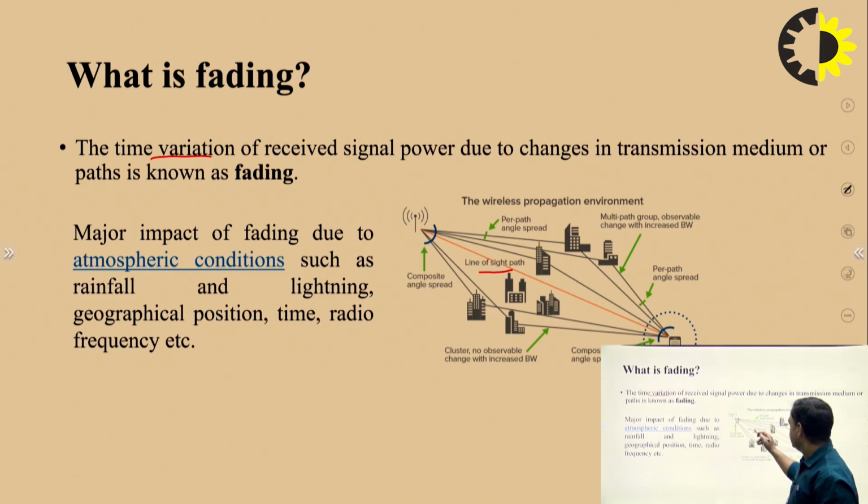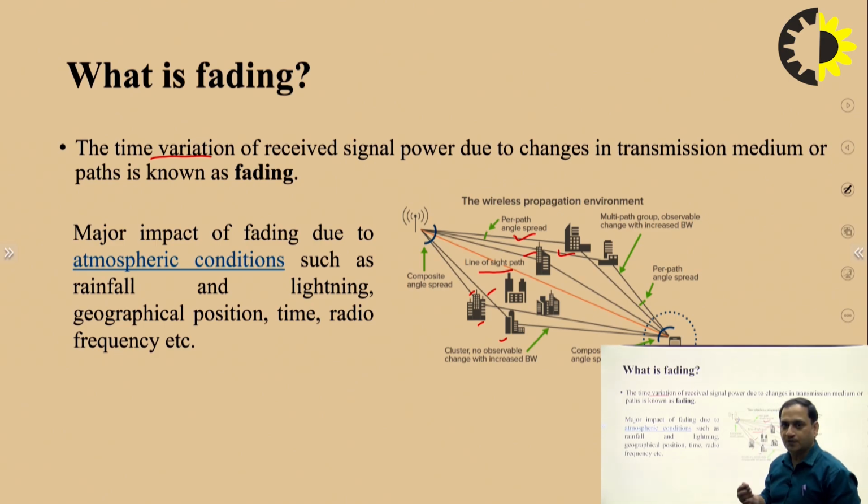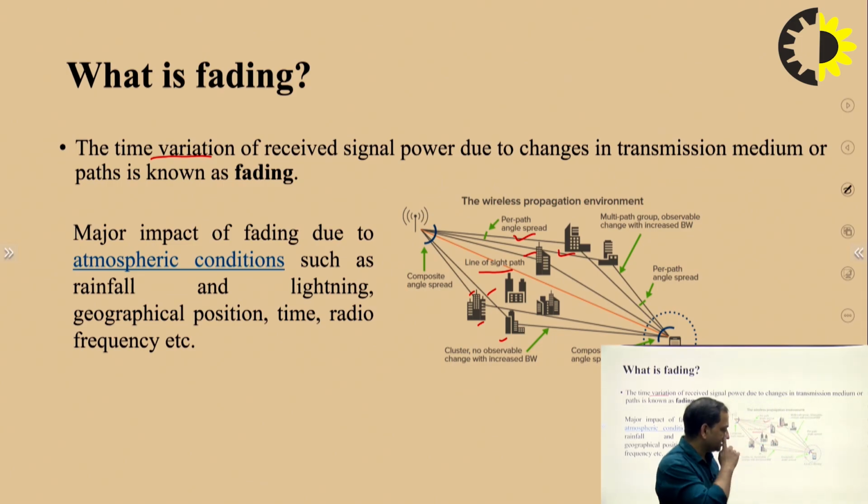So the transmitted signal travels through multiple paths because of multiple obstacles. One path is from there, the second path is this one, and so on. These obstacles may be clusters of buildings, clusters of mountains, or various other obstacles between the transmitter and the medium.